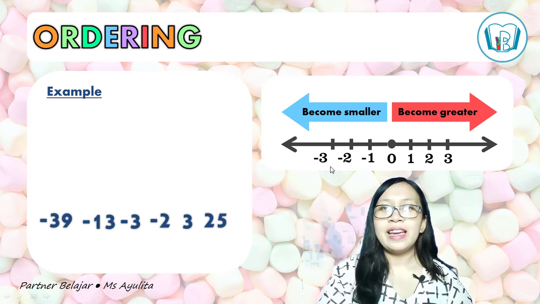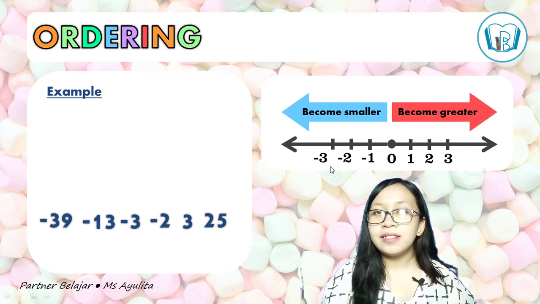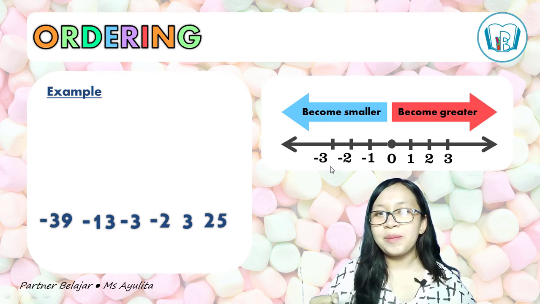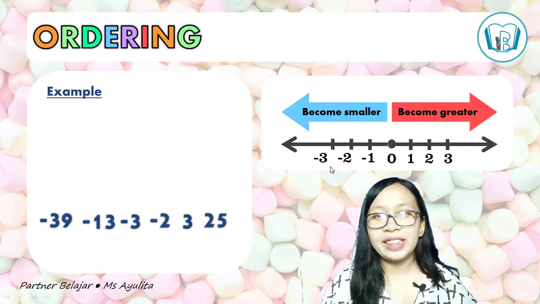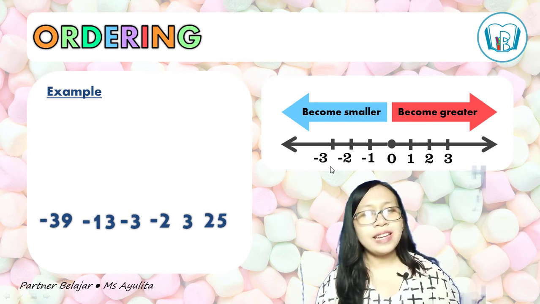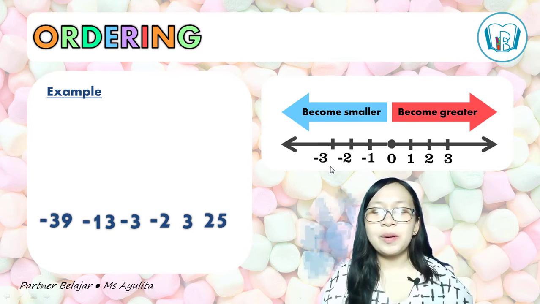Good job! So remember, the more positive the number, or if the number is on the right side, it means the number becomes bigger or greater. But if the number is on the left side and more negative, it means the number becomes smaller. Good job.